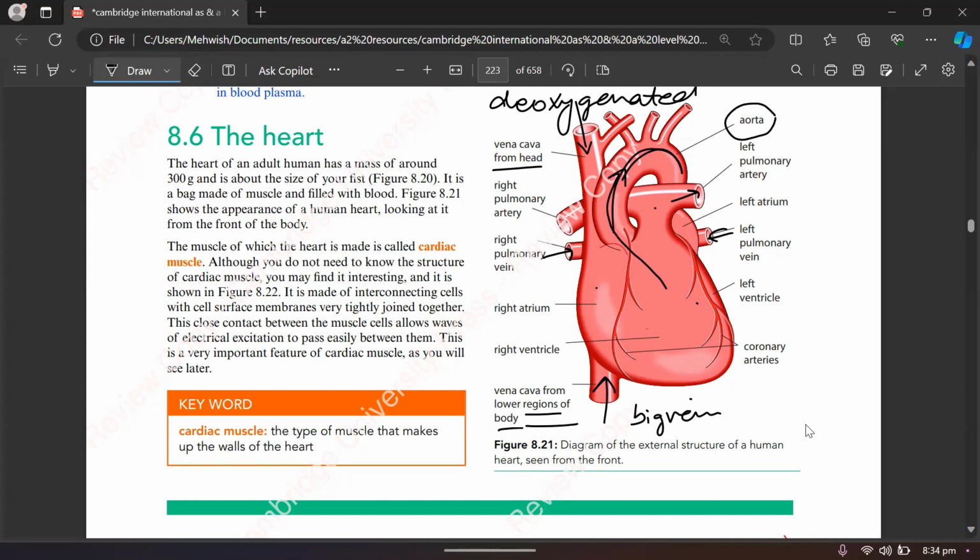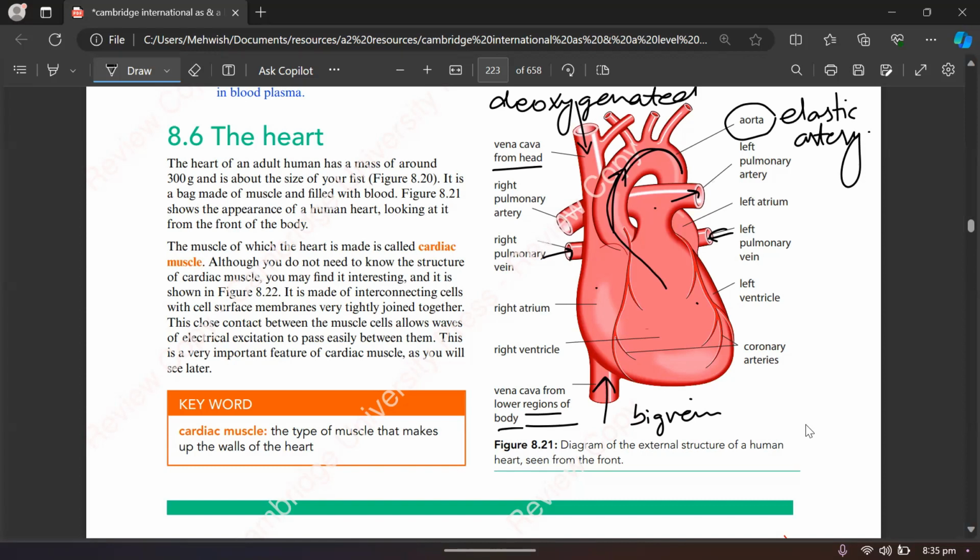And why is it an elastic artery? Why is it elastic artery and why not muscular artery? To withstand high pressure of blood, and it has more elastic fibers.